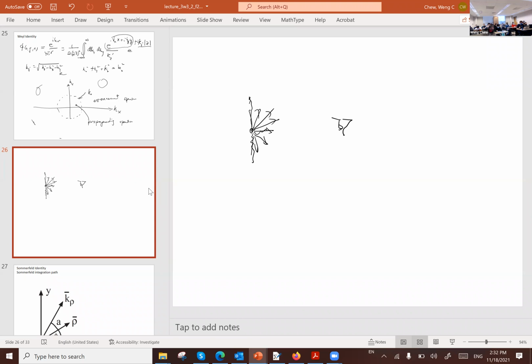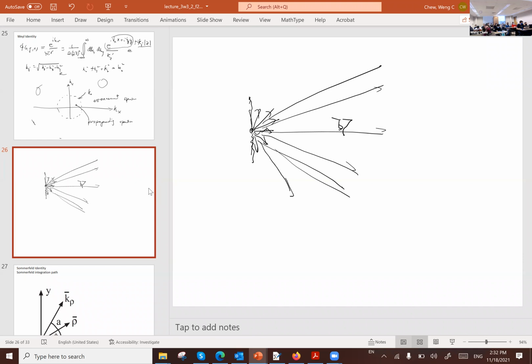So if you have a point source, if you have this propagating wave coming out of this point source, and if you have a good camera, you want the camera to have a large lens. And if your camera is good, you can capture the sharpness of this point source very well. In order to capture the sharpness of this point source, you want to make the lens bigger. Can you see that?